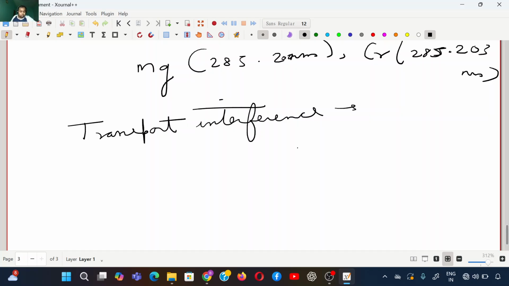What happens over here? Because of improper sample production, fewer or more atoms may reach the flame. This is related to the transport properties.